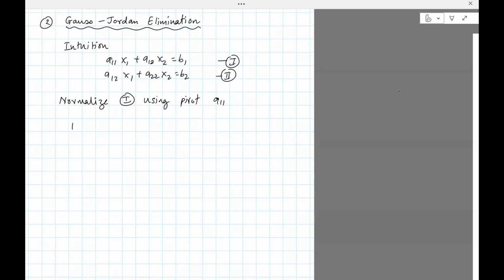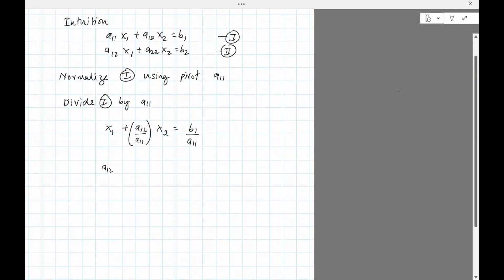So divide equation 1 by A11, and so you see that this equation will be X1 plus A12 divided by A11 X2 equals B1 divided by A11. The second equation remains as it is. So A21 X1 plus A22 X2 equals B2.